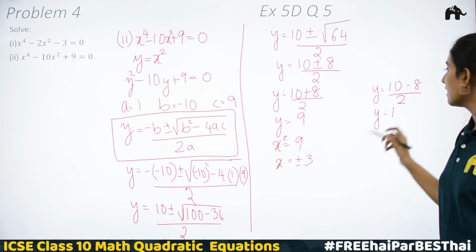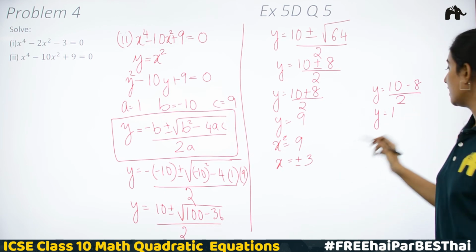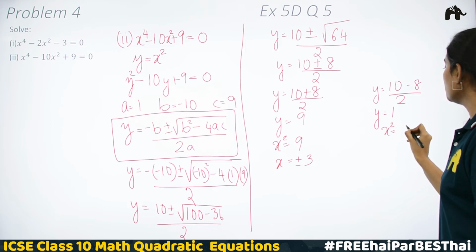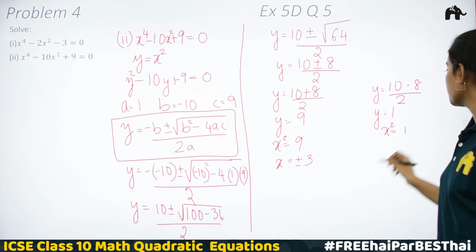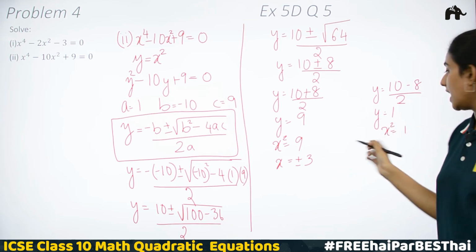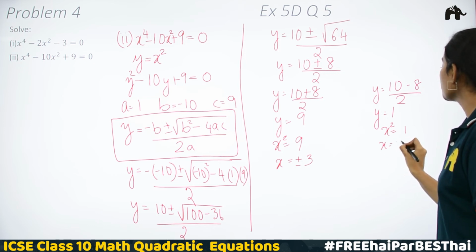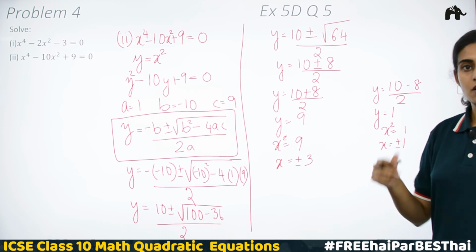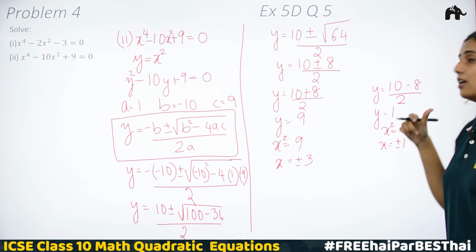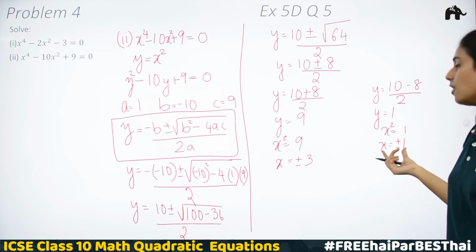Now the second, when y is equal to 1. X square is equal to 1 because y is equal to x square. X square is equal to 1 implies x is equal to plus or minus 1. Plus 1 square is 1, minus 1 square is also 1.